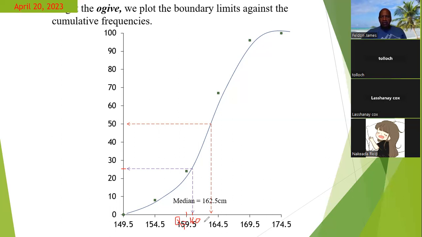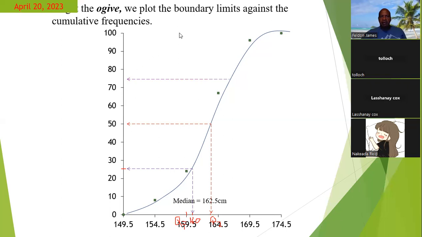Now, you have Q1, then you have the median. We also refer to the median as Q2. So Q here refers to quartile value. Q1 would be the quartile value 1, Q2, quartile value 2, which is the median. And then we talk about Q3. For Q3, we divide the upper half from 50 to 100.